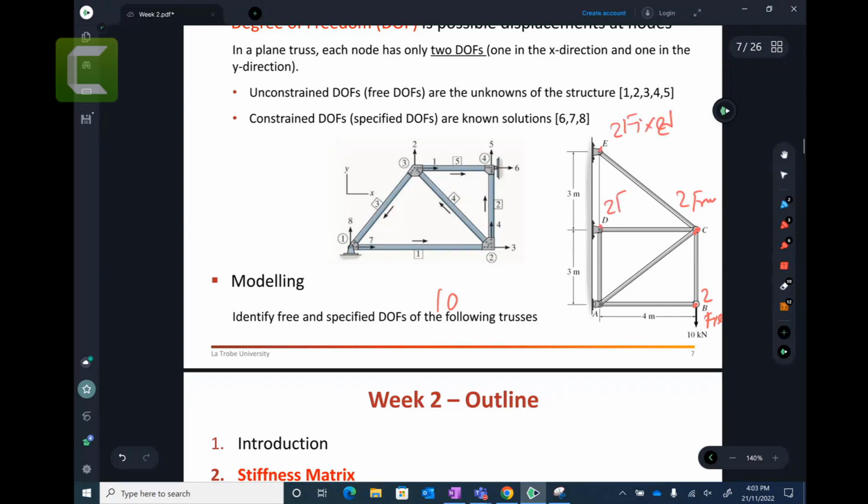This one looks 2 fixed. And this one is 1 roller, so 1 free and 1 fixed. So 2 free, 4, 5 free, and 5 fixed. Do you agree?